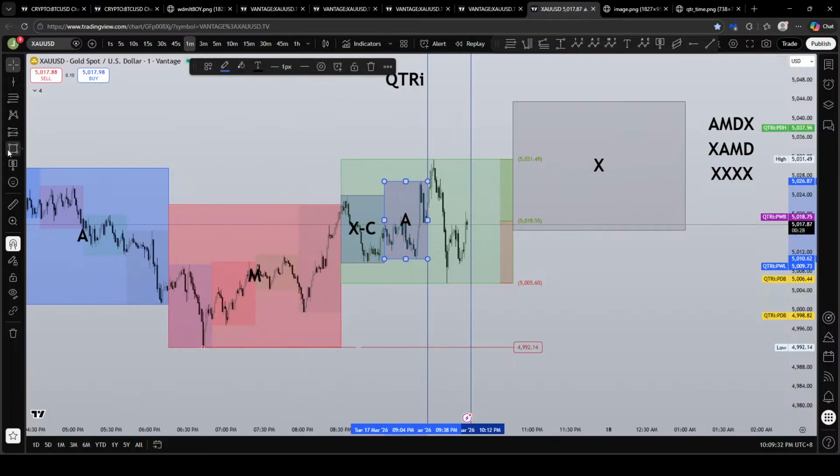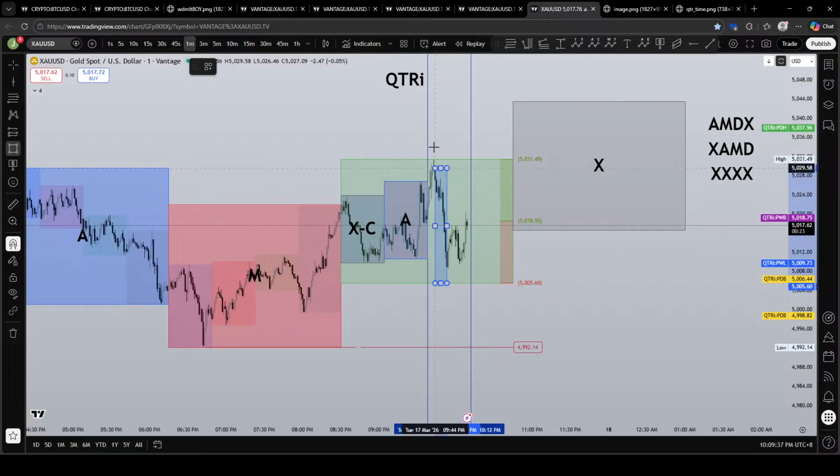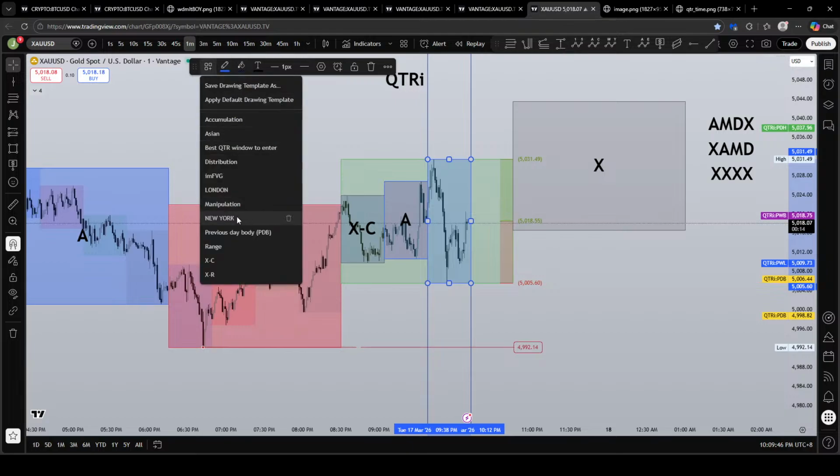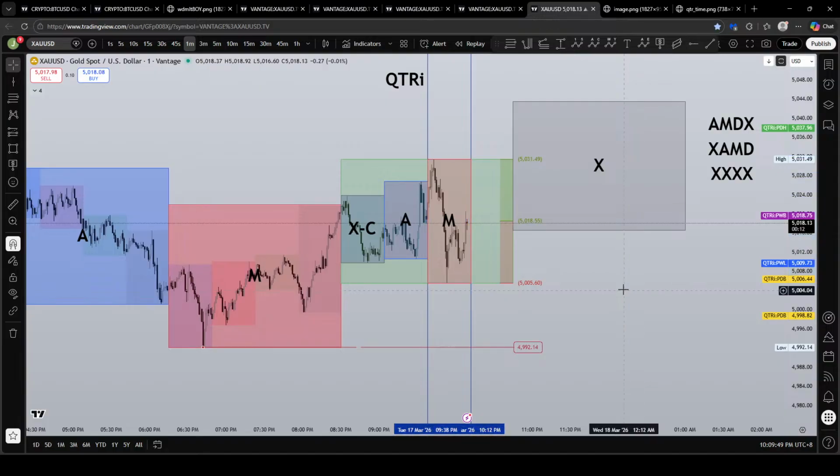And then the third subquarter will be considered as manipulation. So what's unique about this manipulation is that the subquarter 3 sweeps the high and the low of the previous subquarters of quarter 3.